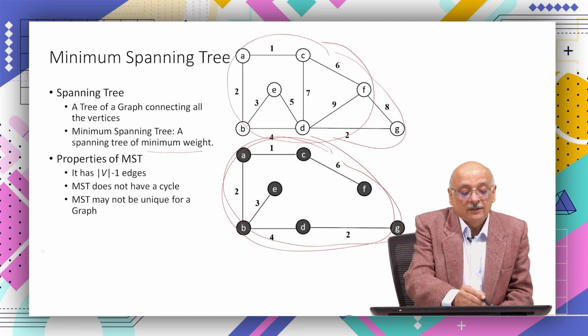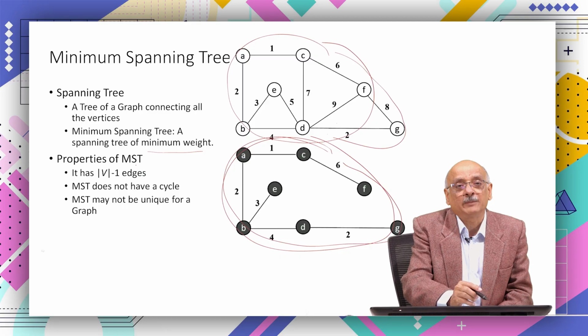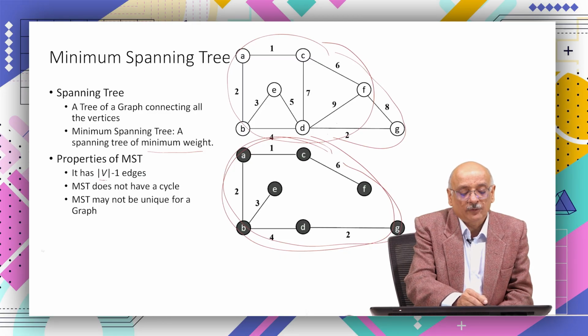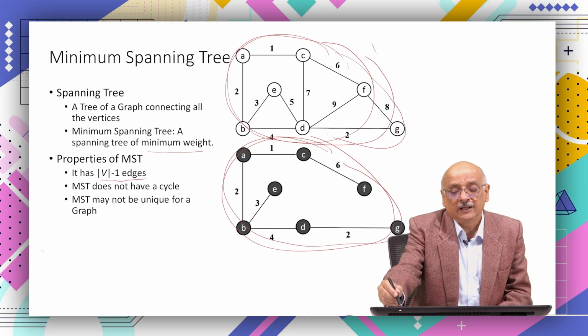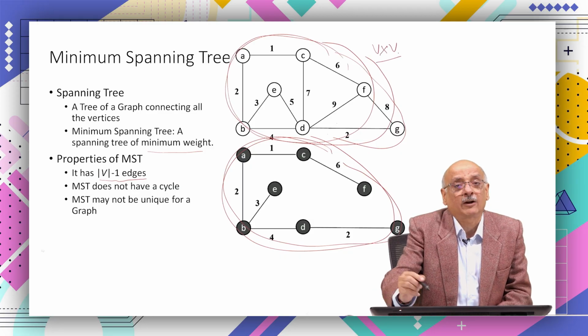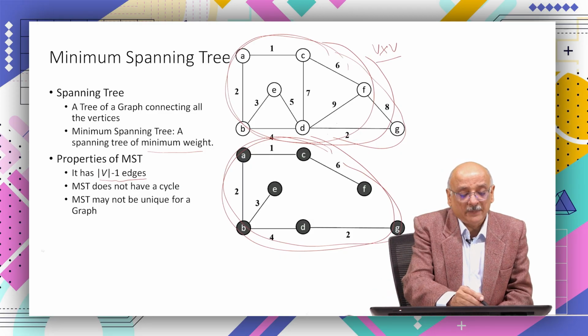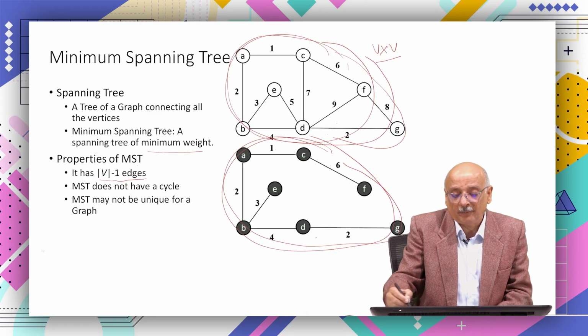All right. Then what are the properties of this minimum spanning tree or minimum cost spanning tree? It has V minus 1 edges only. The graph may have a lot of edges. It can even have V cross V number of edges. But this minimum spanning tree has just the number of vertices minus 1, because that is how a tree is.